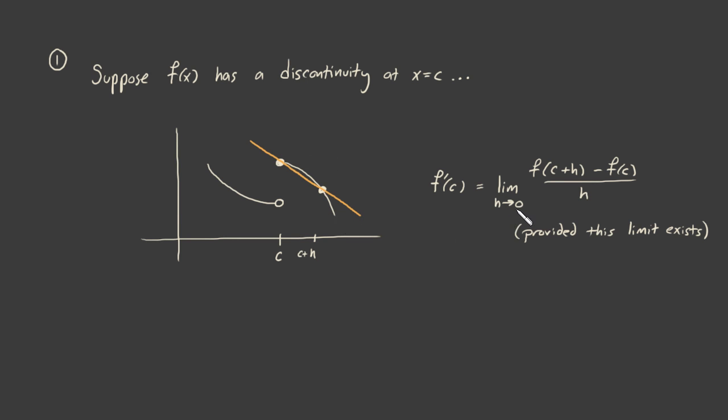Of course, as h gets closer to 0, this point here moves closer towards c. And so rather than having this orange point directly above c plus h, we'll have some point closer into this point associated with c plus h, maybe this one.